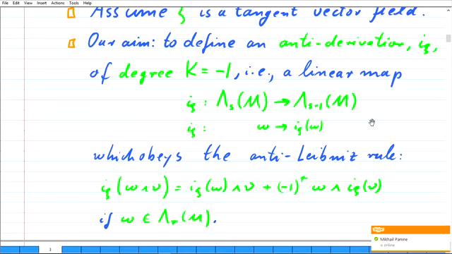And whether or not there's a minus sign depends on whether r is odd or even, r being the degree of the first factor in this product of two differential forms.